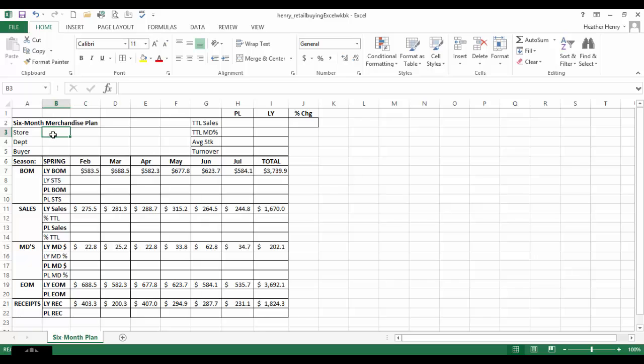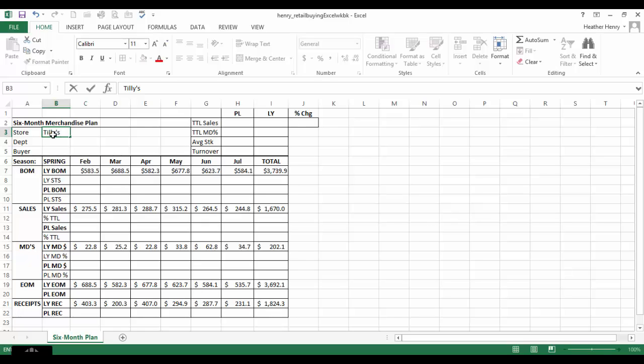So now that we've done that, let's not forget to input the store that we are creating our 6-month merchandise plan on. This store is the same retailer that you used in your target market analysis research paper. So please make sure that you are using the same store that you have already done your report on.